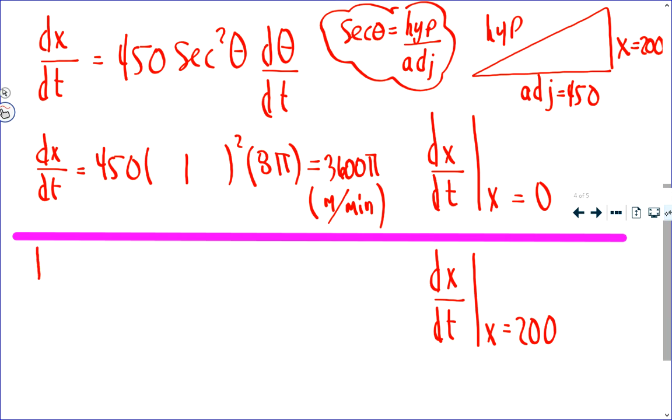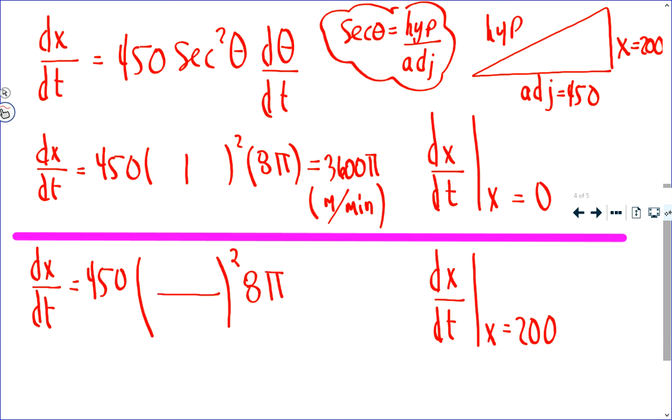For our second question then, the answer will be dx dt equals the 450 multiplied by the secant squared of the angle, and we'll get to that in a second, multiplied by 8 pi. Okay, so secant is the hypotenuse over the adjacent. The adjacent's 450. Now, what is the hypotenuse equal to? Well, that's a pretty basic, I want to say grade 7 or 8 question, where you're going to use the Pythagorean Theorem.